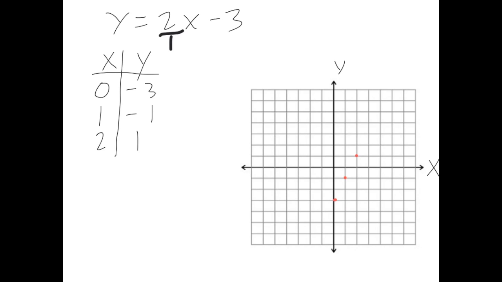One is looking at what's the slope, what's the y-intercept. Other is looking at what happens when you plug in certain numbers. Now with these equations, we're always going to have a line. So connect the points and draw a line. And make sure you put arrows on the end to show that the line goes on forever in both directions.